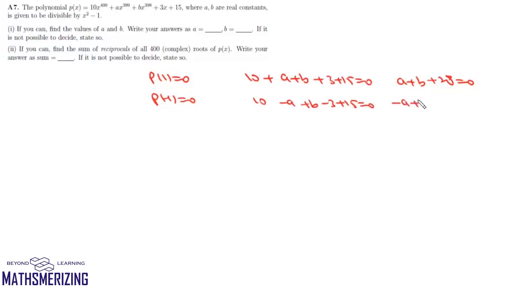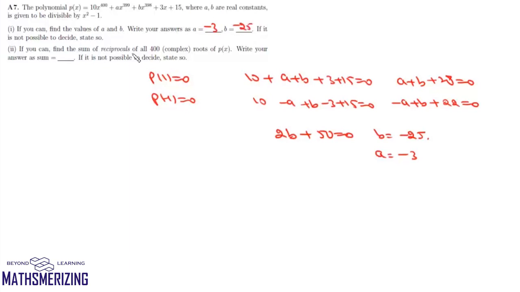So we'll get minus a plus b plus 22, and this value should be 0. Now we'll add them. If we add them, we'll get 2b plus 50 equals 0. So the value of b is minus 25. Now we'll put b as minus 25, and the value of a will be simply minus 3. So for this first part, the value of a is minus 3 and the value of b is minus 25.